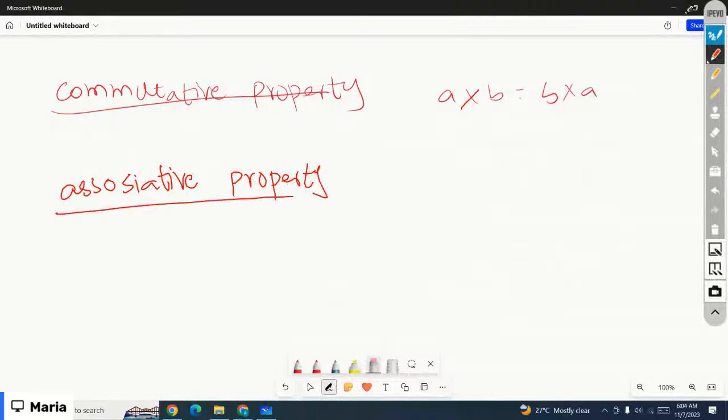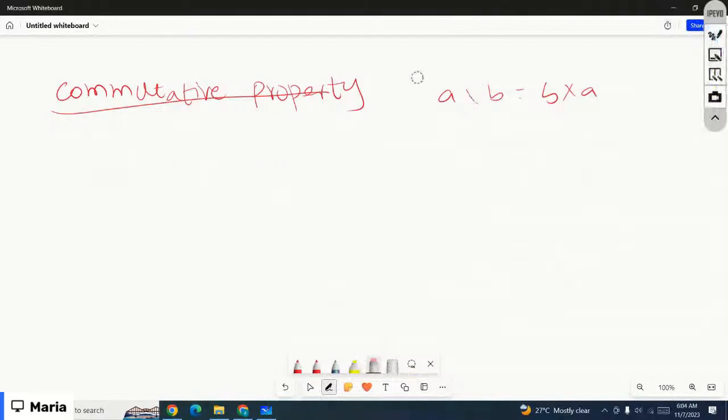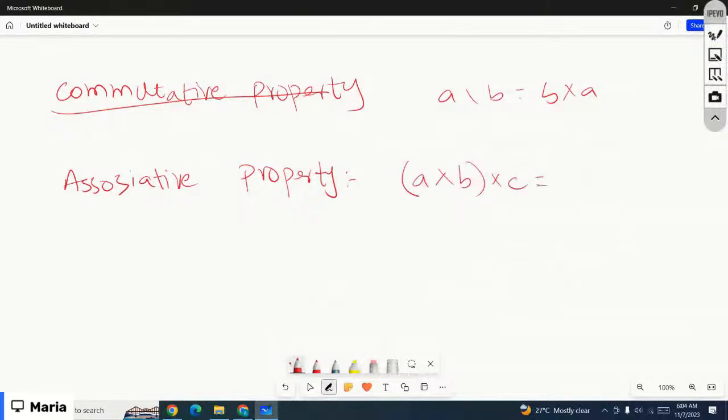So in associative property, three numbers are involved and also the parentheses: A times B times C and A times B times C.